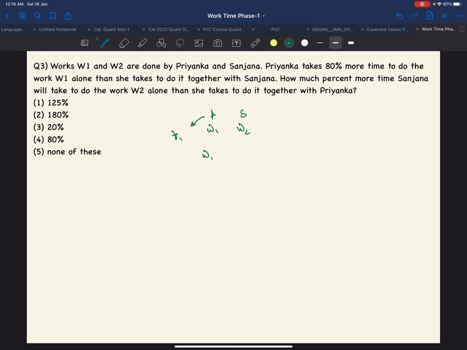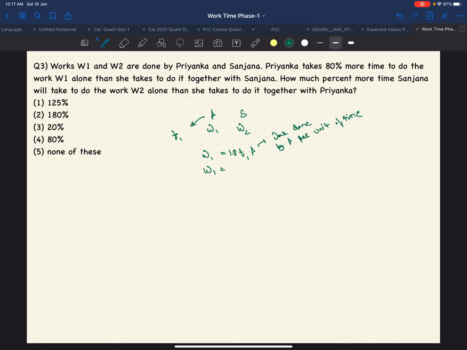So W1 is completed in T1 time when Priyanka does it alone. So P is the work done by Priyanka per unit of time. Now she takes 80% more time to do the work alone. So let's make this 1.8 T1.